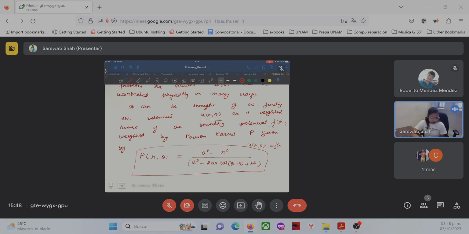It can also be thought of as a steady temperature distribution in a circular disk when the temperature u on its boundary is given by u equals f phi, which is free of time.